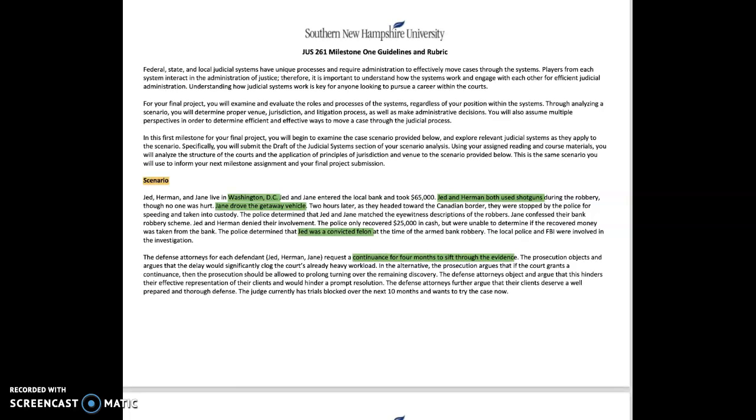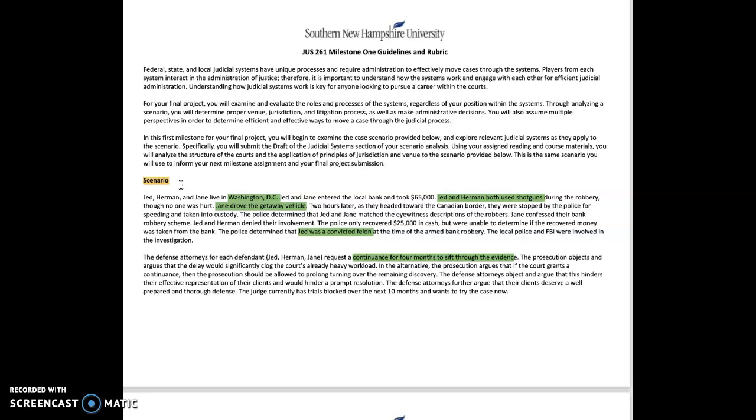So this week in your first milestone, what we're going to be doing is applying some of the things you've learned about both federal and state courts into our scenario fact pattern that has been developed for this course. When you look at the assignment guidelines and grading rubric, you will find this scenario fact pattern.